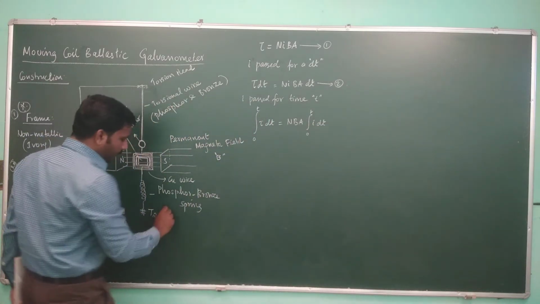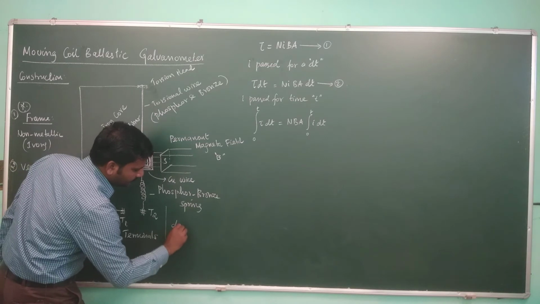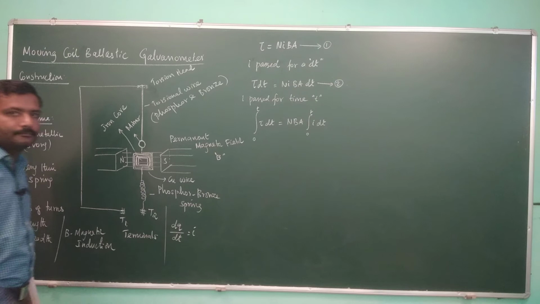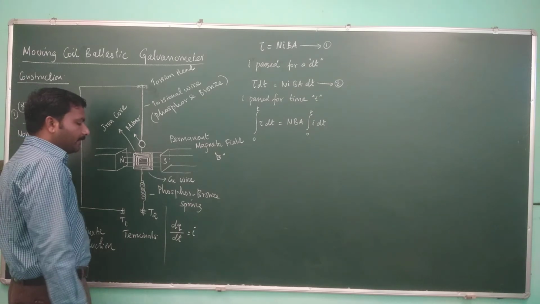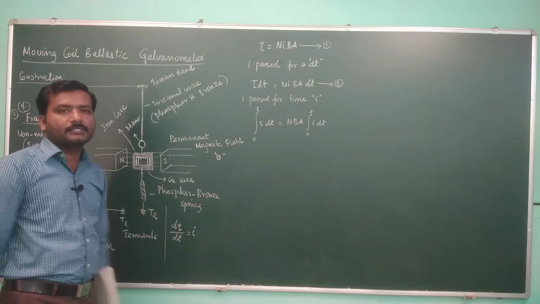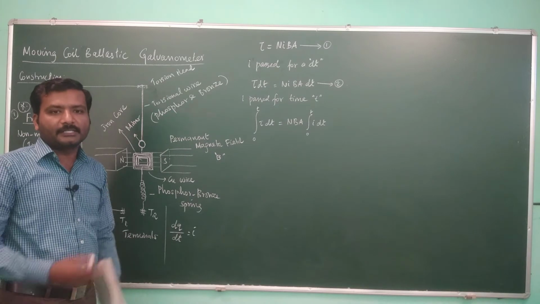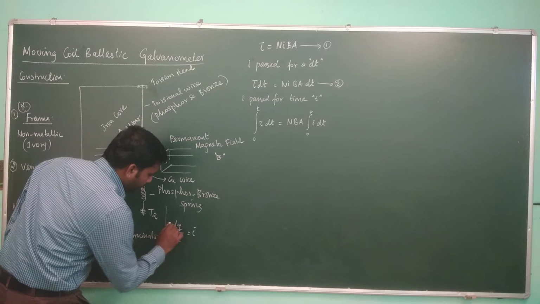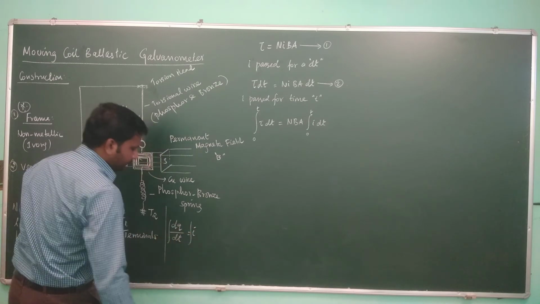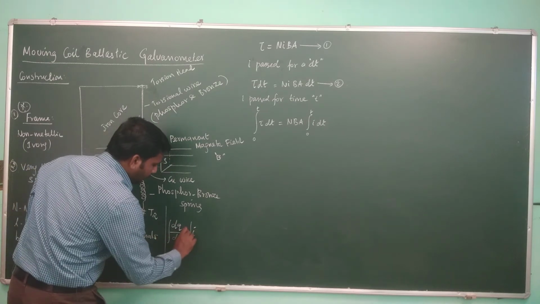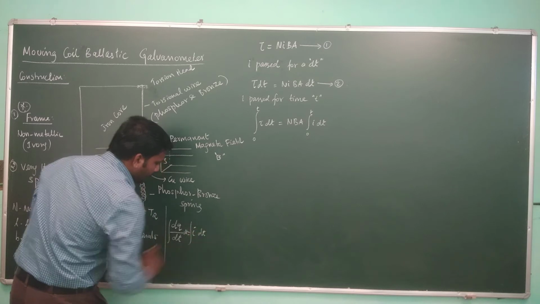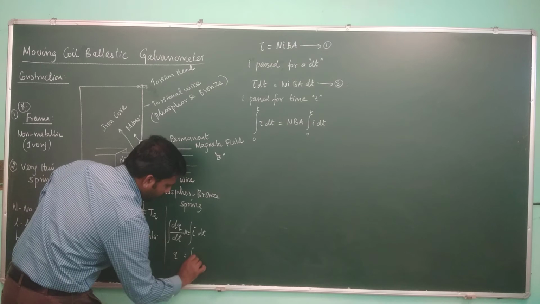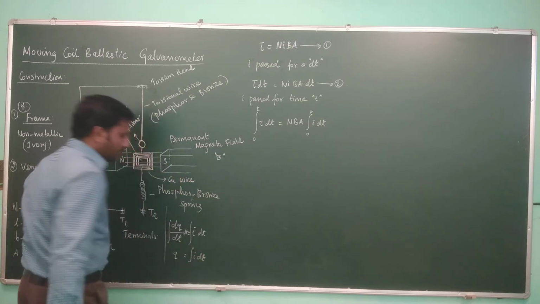Recall your memory, you can write dq by dt is equal to I, right? dq by dt, the rate of change of charge, is nothing but current. Now if you take the integral over dt, what will you get? This side becomes q, this side becomes I dt, isn't it?